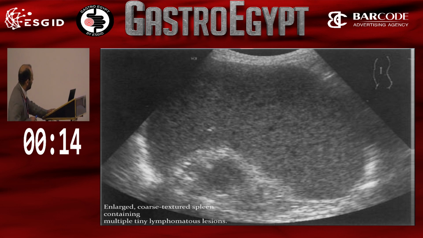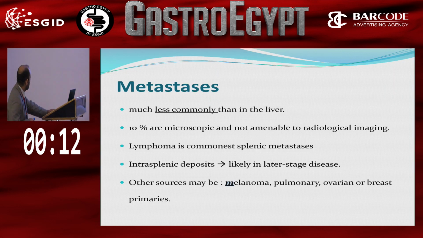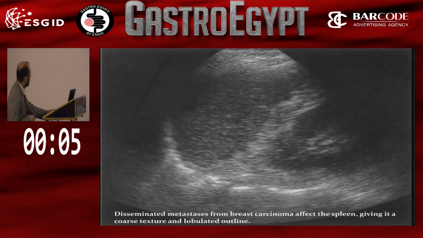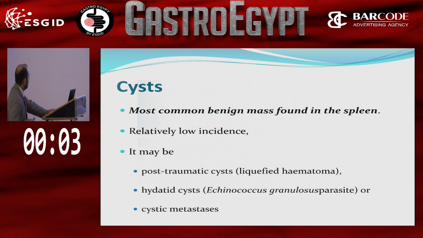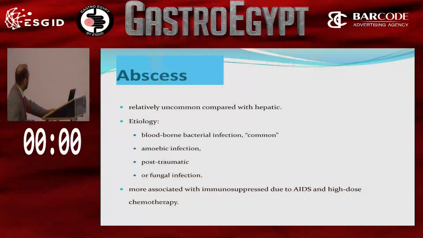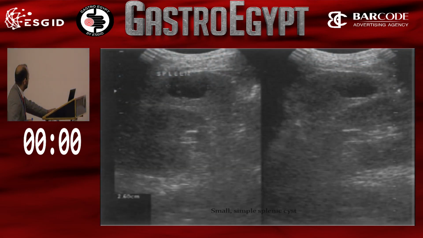This is splenomegaly with multiple hypoechoic nodes. It may be less common in the spleen. It may also be hypoechoic lesions. Benign conditions: cysts, like any other cyst in the liver, spleen, or kidneys.